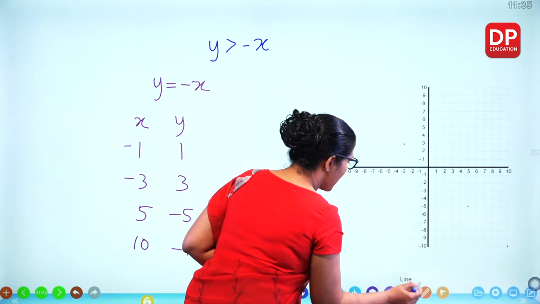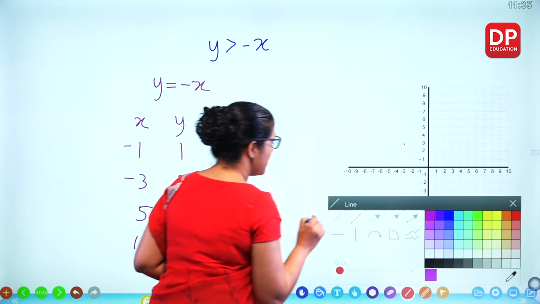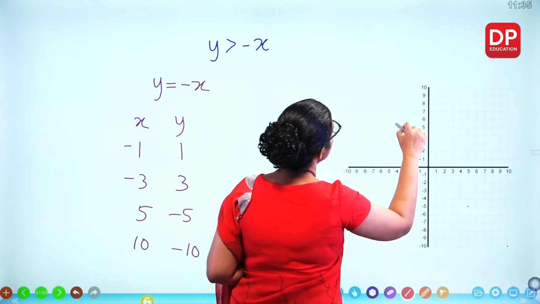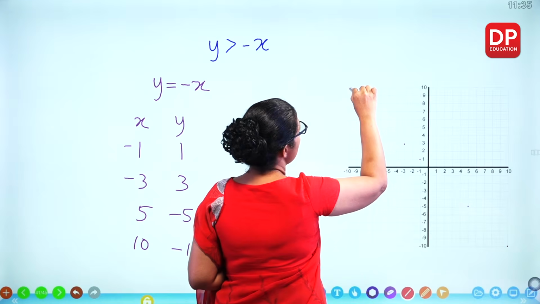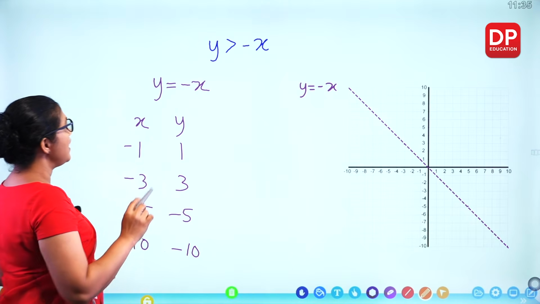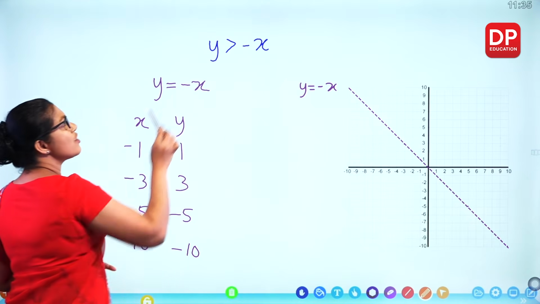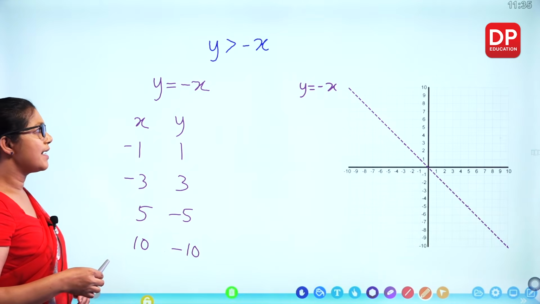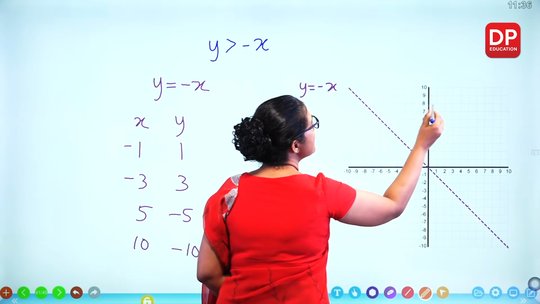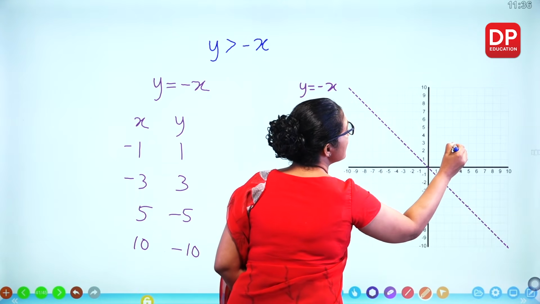So here we can select the dash line and we need to mark. I'll take another point here and try to draw this one. So here up to this point. So this is the y equals minus x line. Now we need to find out which region satisfies y greater than minus x. Now we'll take a point. So we'll take this point, any point here.